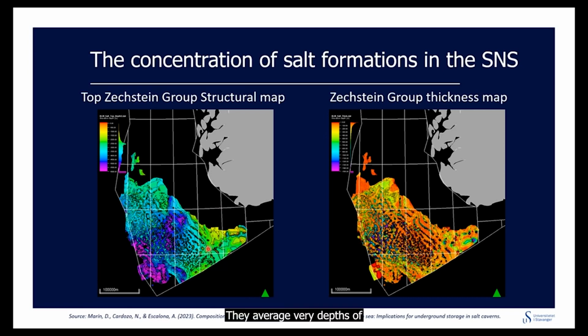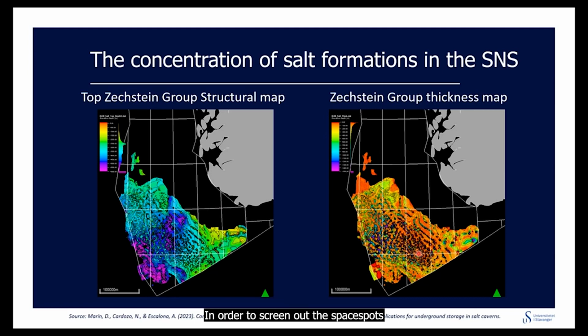The average buried depth of these structures is around 2.5 kilometers, and the thickest parts exceed 1.5 kilometers. In these maps, if you focus on the purple color, these are the thick parts of the salt structures.